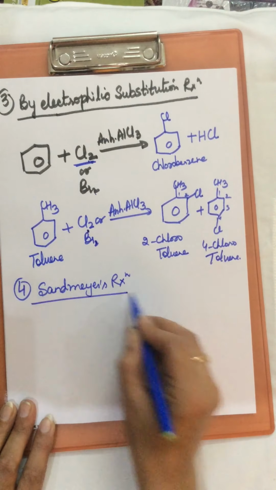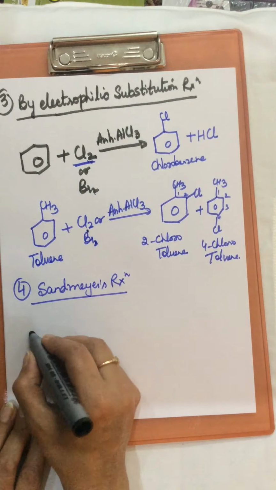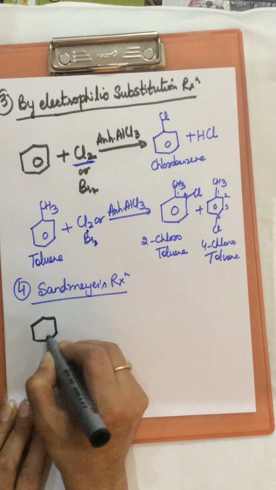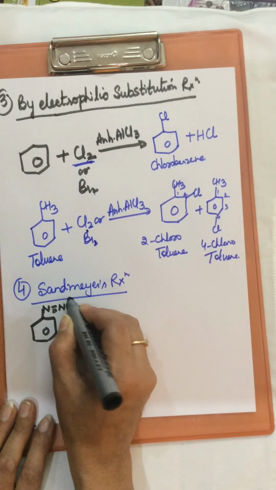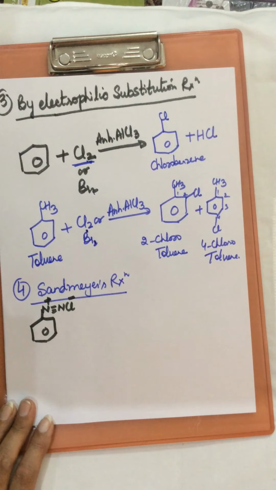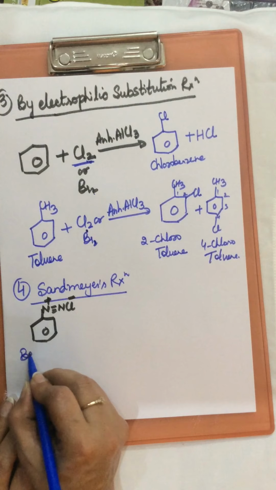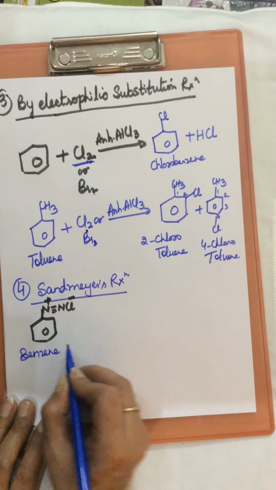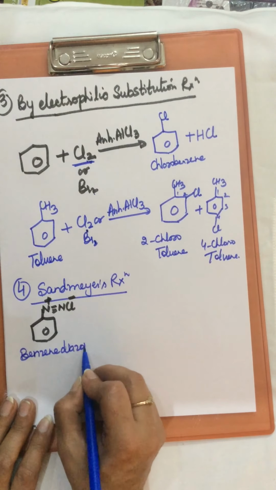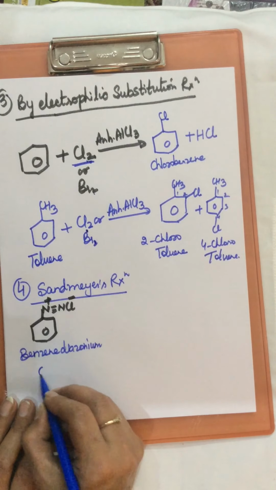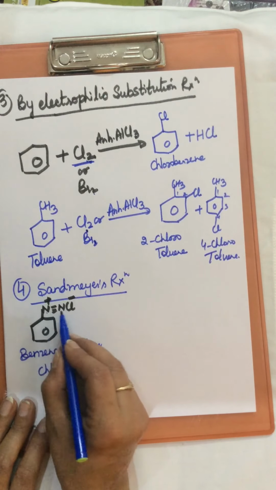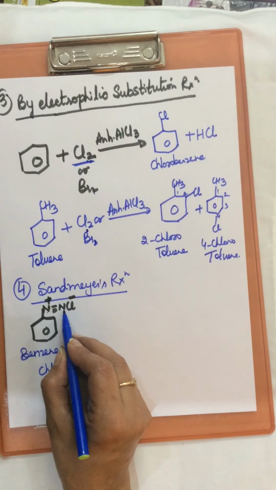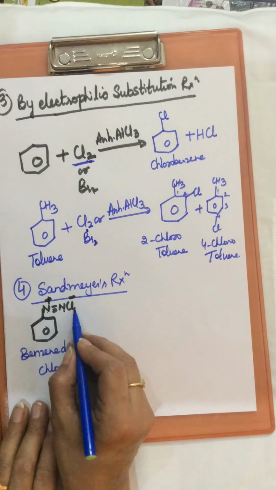In Sandmeyer's reaction, the reaction starts from benzene diazonium chloride. This compound is called benzene diazonium chloride. Benzene and a triple bond and the diazo group is there, diazonium chloride.